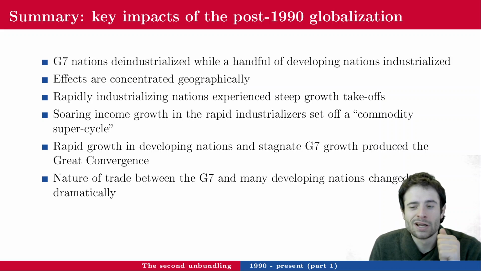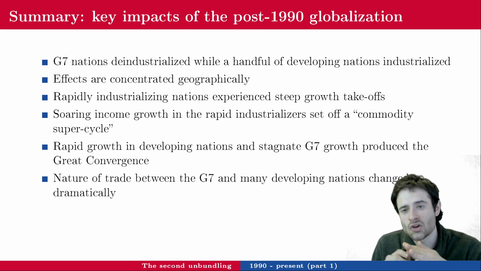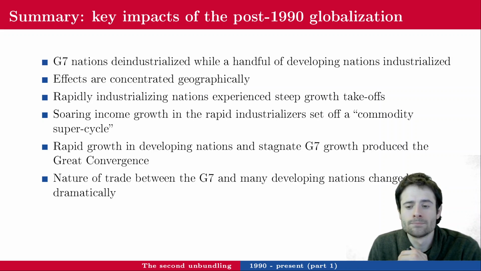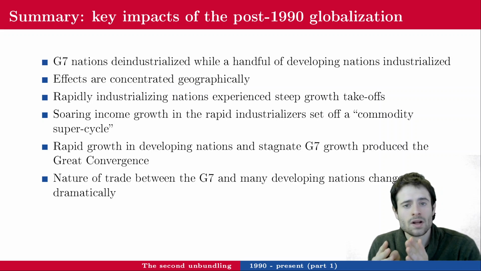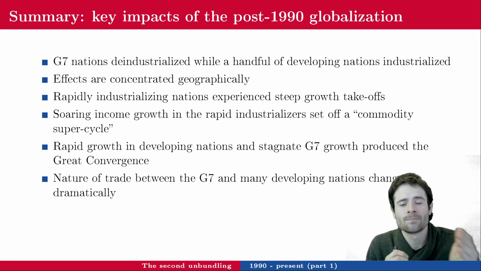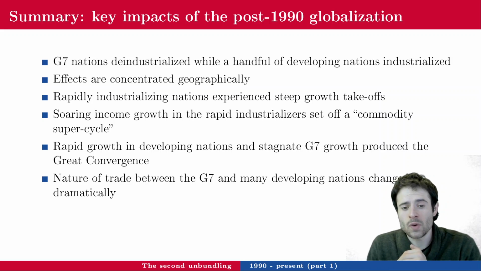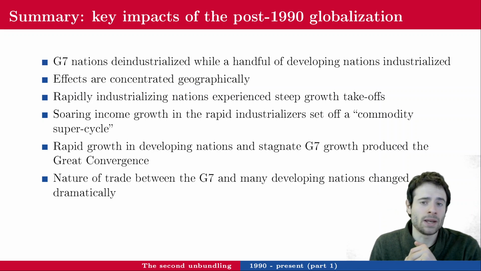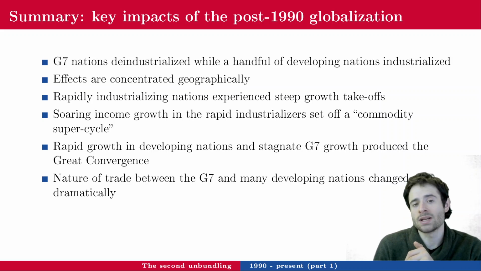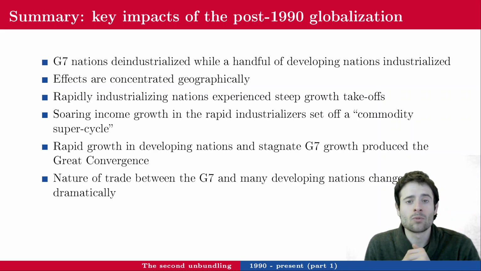Rather, the developing countries developed way faster, and so they started converging towards G7 nations. This is the end of the graph that I've been talking about so far. And the nature of trade between G7 countries and many developing nations changed dramatically, and that will be what I'm going to talk about today in part 2.